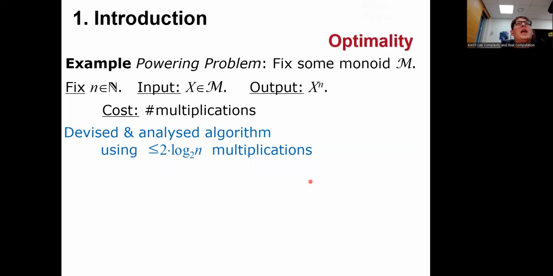We're going to prove that any algorithm that follows these constraints of using only multiplication and counting the number of multiplications will need to perform at least logarithmically many multiplications, so that in particular our algorithm is optimal.